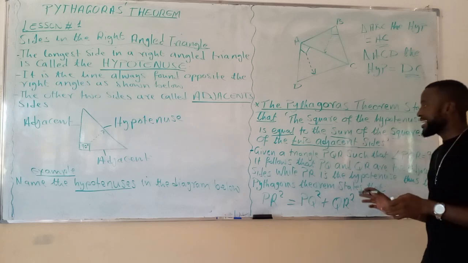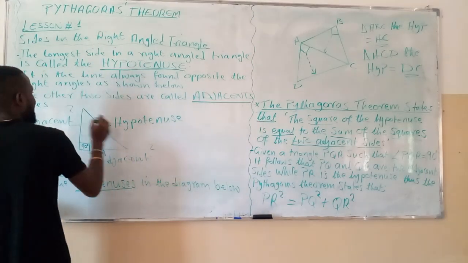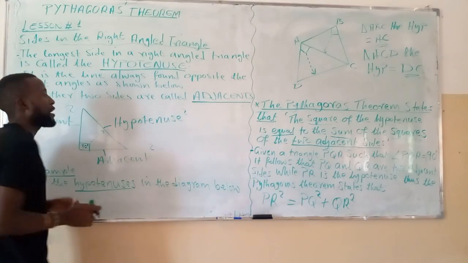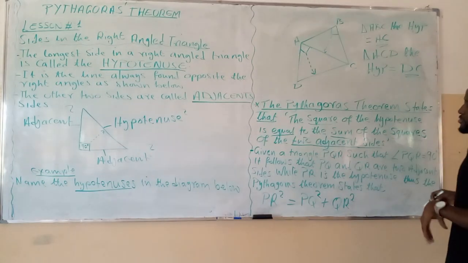So we are simply saying that when we square this adjacent side and square that adjacent side, the sum is equal to the square of the hypotenuse. Okay, that is what it is simply telling us. That is the Pythagoras theorem.